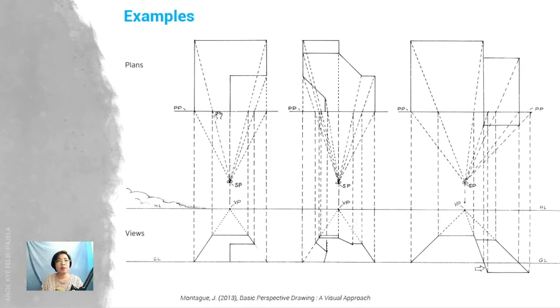And kung saan mag-cross sila doon sa picture plane, yun yung ibababa natin dito naman sa perspective plane. And pag na-determine na natin yung placement niya sa ibaba guided by the vanishing point, pwede na nating i-finalize yung shape ng object. So, yan yung certain examples.